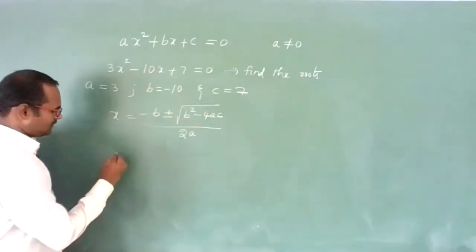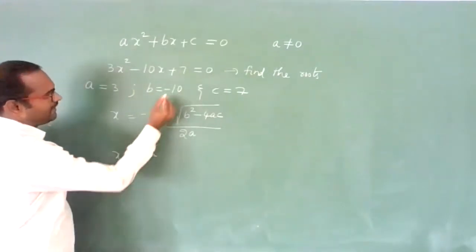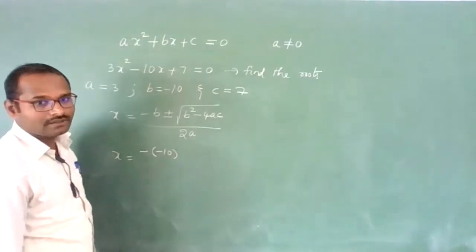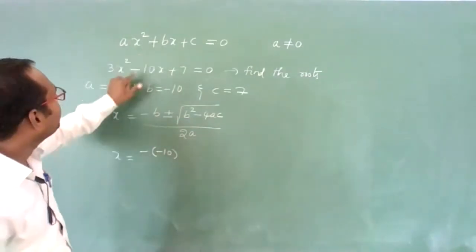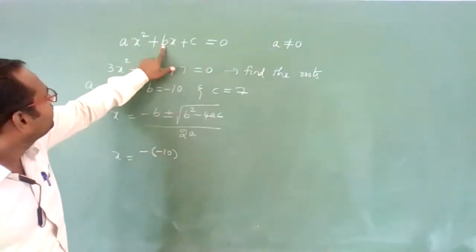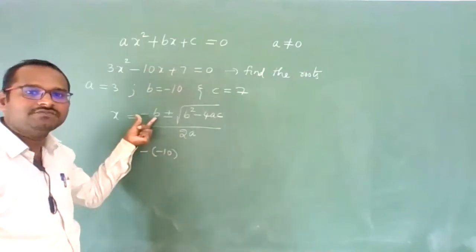Clear? So x is equal to minus b. Here on comparison, everything, plus and minus, you should compare. The b value is -10, but in the formula minus b is there.